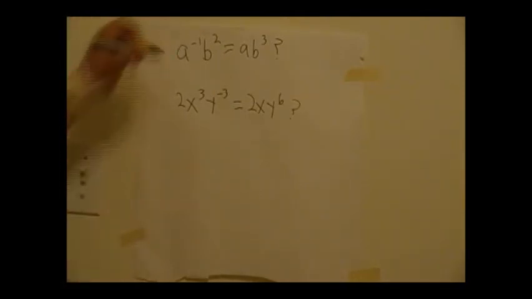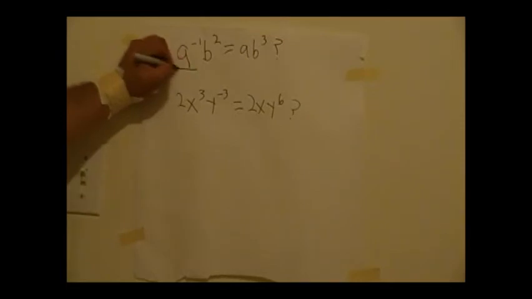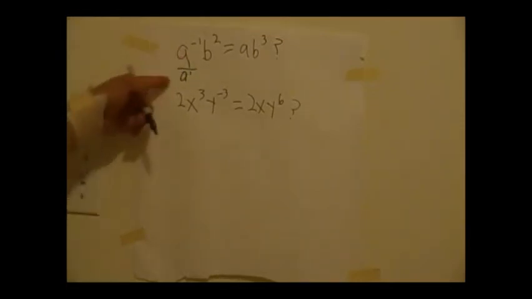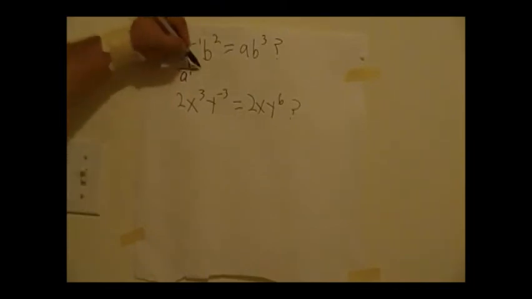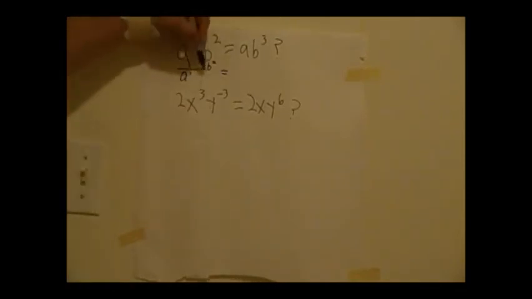So a to the negative 1 really means what? 1 over a to the 1, right? Multiply that, because this means multiplication, by b squared. So really all you're doing is multiplying a fraction times b squared, right? We know that any number we can rewrite as a fraction, so that's b squared over 1.